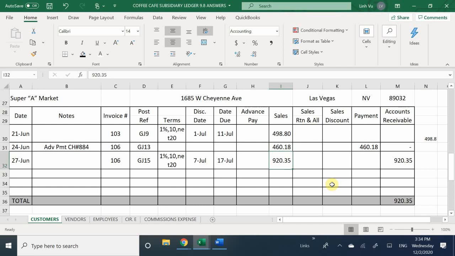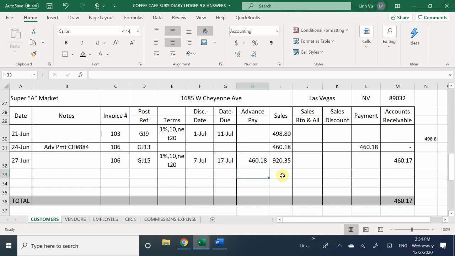When I come here and I apply that $460.18 and then recognize that my total grand sales is supposed to be for $920.35, then my bill is now reflecting the 460.17. And right now, that's exactly how much I owe. What it owes, yeah. Exactly. So that's why I use it this way and understand it this way.